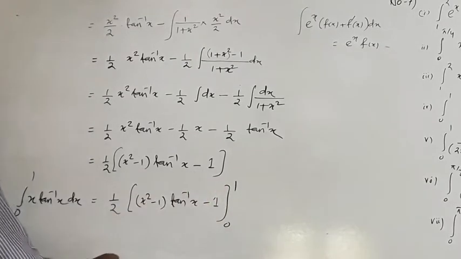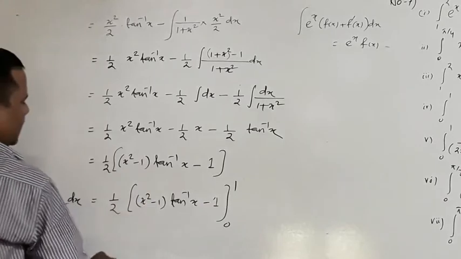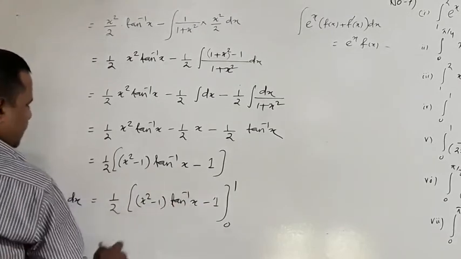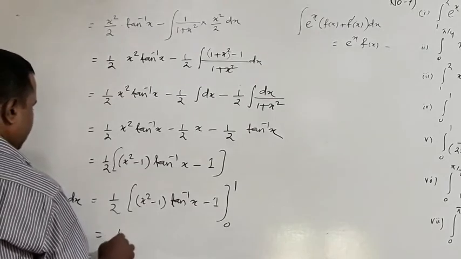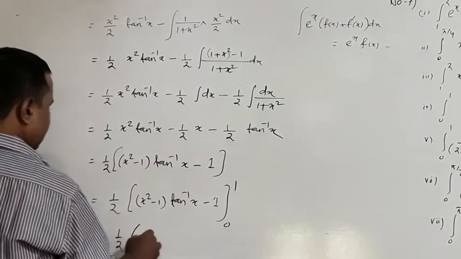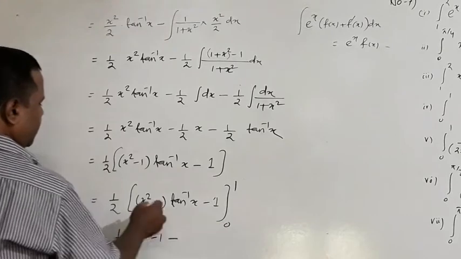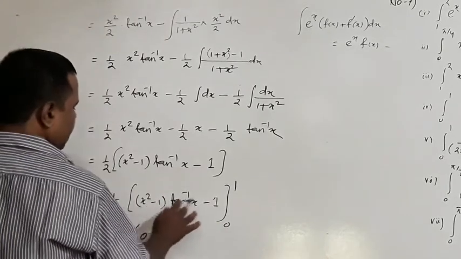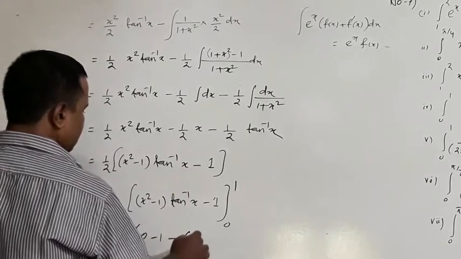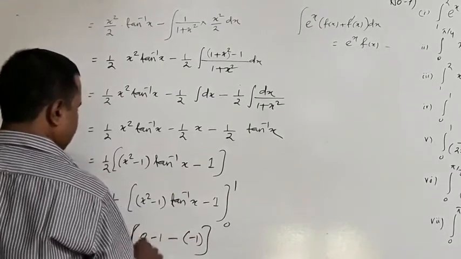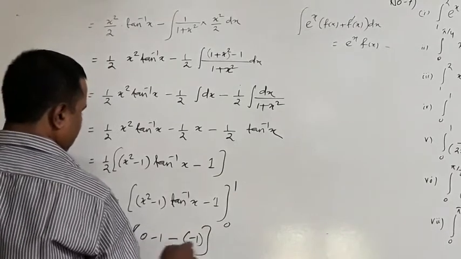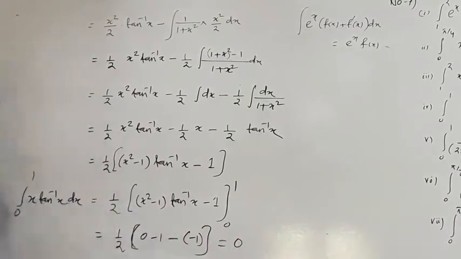First, when you put 1 here, 1 minus 1 is 0. Tan inverse 1 is pi by 4. 0 into something is 0. Just only half. First is 0, then minus 1, then you have to put 0 here. 0 minus 1 is, sorry, minus 1. Tan inverse 0 is 0. Then minus 1, minus of minus 1. So the result is 0. Minus 1 plus 1. Okay.